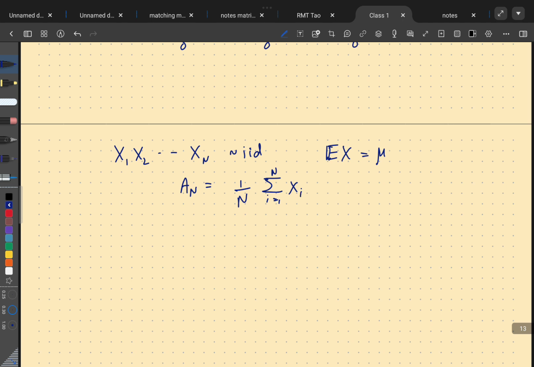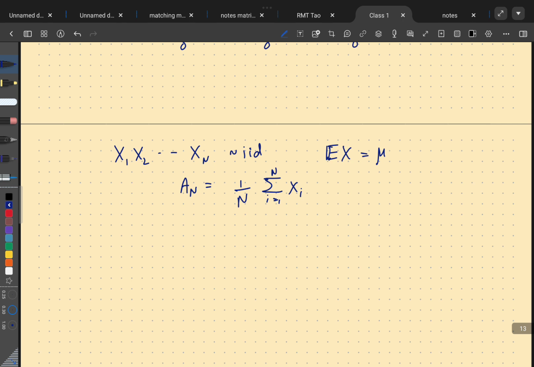So for instance, if x1, x2, x3 are the outcomes of the toss of, let's say, a fair coin, and I map this to a random variable, it basically corresponds to a Bernoulli random variable. 1 corresponds to a head and 0 corresponds to a tail. Then an corresponds to the fraction of heads that I get in n coin tosses.